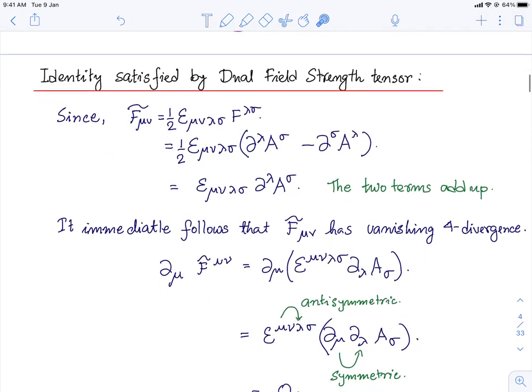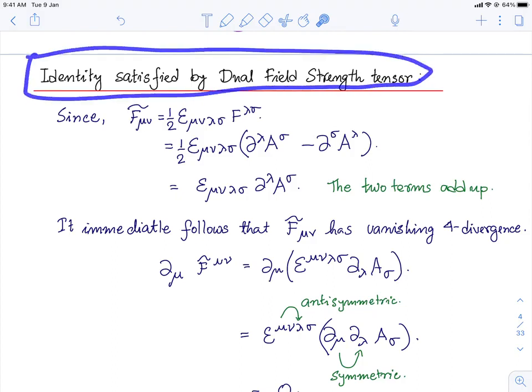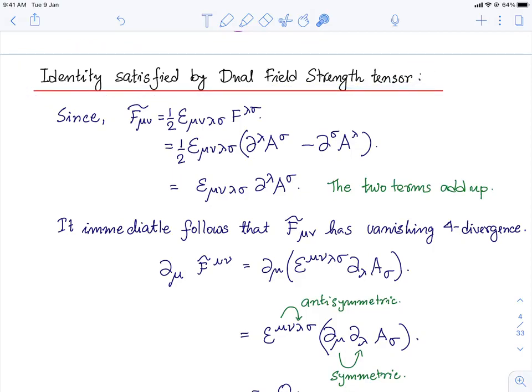Now there's one thing that happens immediately. There's an identity satisfied by the dual field strength tensor that follows as soon as we define it. What is this identity?